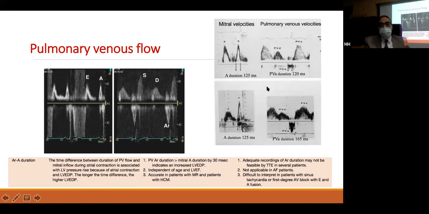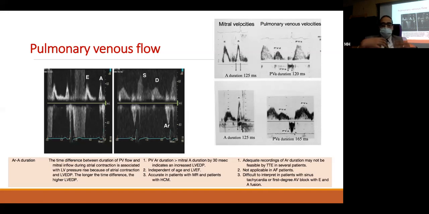Look at this example. This is the E/A, this is the mitral inflow. The duration of the A wave was 125, and here the atrial reversal duration is 165. So it's more than 30 milliseconds, and this patient has a high LV end diastolic pressure.